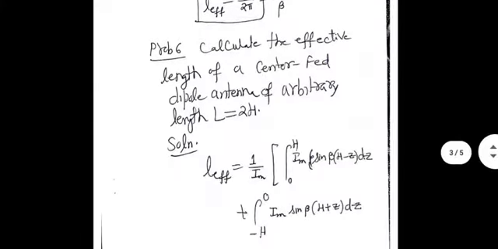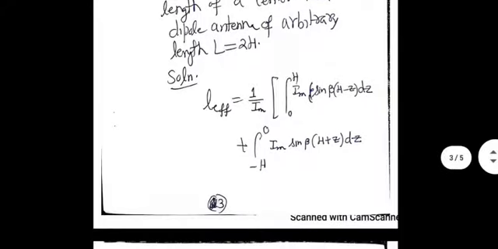Yeah, this last one actually is the most interesting one that I like to talk about. If it's a dipole of any arbitrary length L equal to 2h, what happens? The integral breaks into two different parts and different equations are used for I(z).